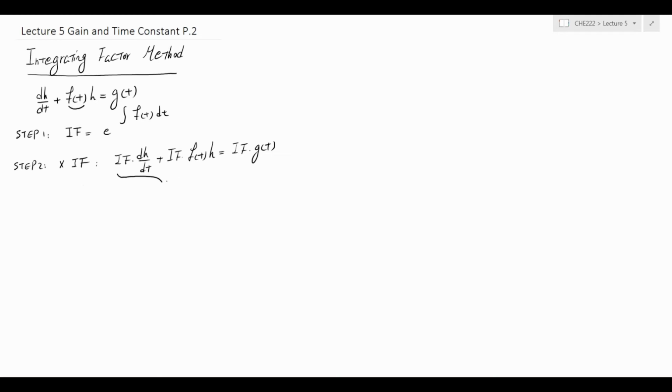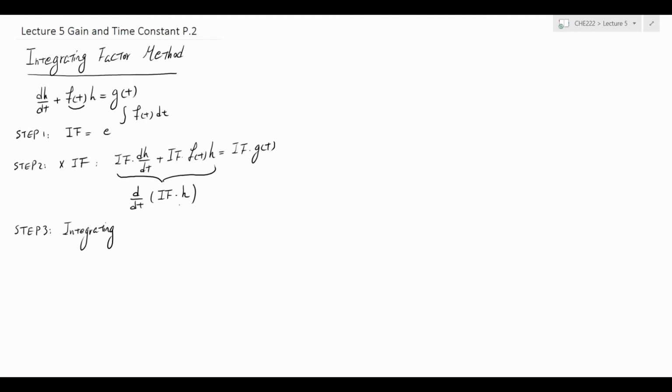If you do this, you'll notice that these two terms are basically the derivative of the integrating factor times h. That gives us the idea for step 3, which is integrating the two sides of the equation.